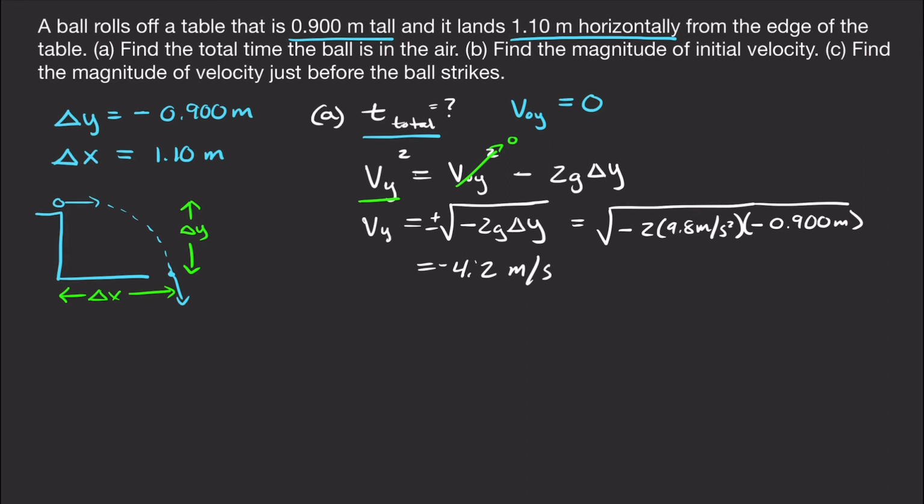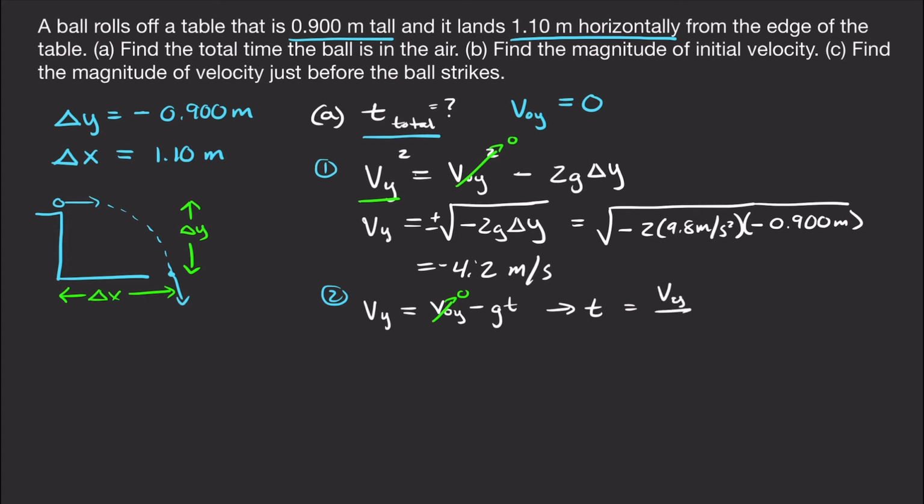So now I can go to my next kinematic equation. So this is part 1, for second step, or second part. I can go to my easy kinematic equation, or my short one. I just found Vy, and I know V naught y is 0. So I can solve for time pretty easily just by dividing by minus g.